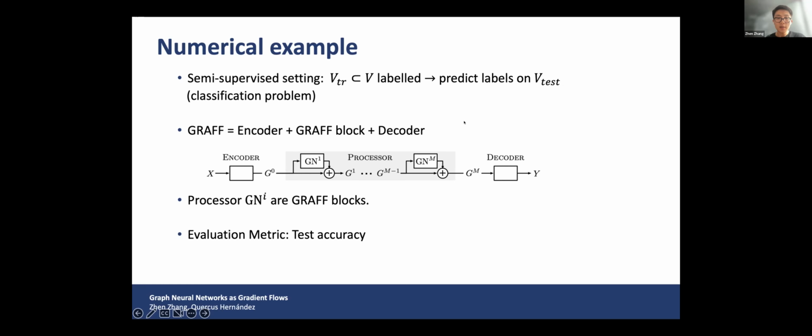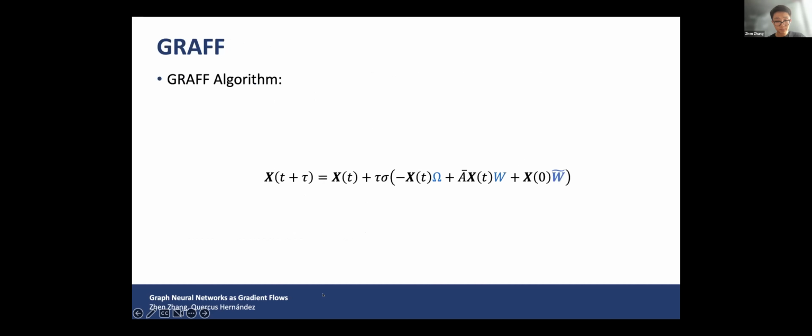And then finally, they use the decoder to decode the output from the graph block to be the labels. And here in the figure, the processor will correspond to the graph block that I described before as the ODEs. And the evaluation metric will just be the test accuracy.